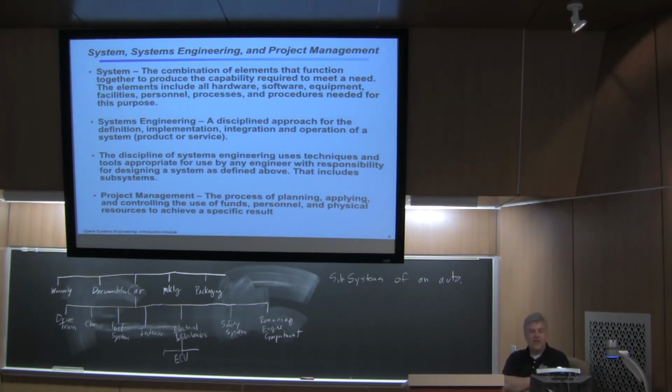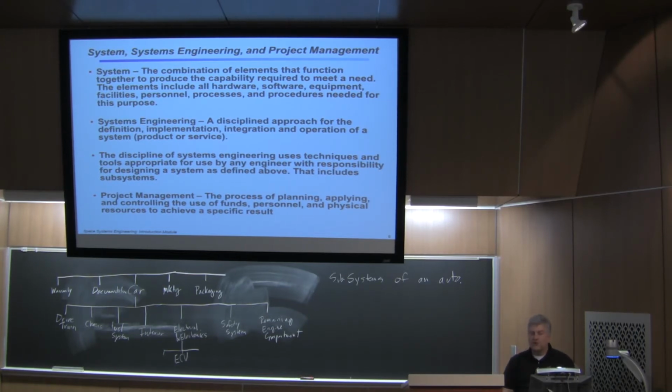So you have to look at what's the difference between systems engineering and project management. Some of you will also work in project management. We already know what a system is. Systems engineering, as we said, is a disciplined approach for definition, implementation, integration, and operation of a system. And a project manager is a little bit different.